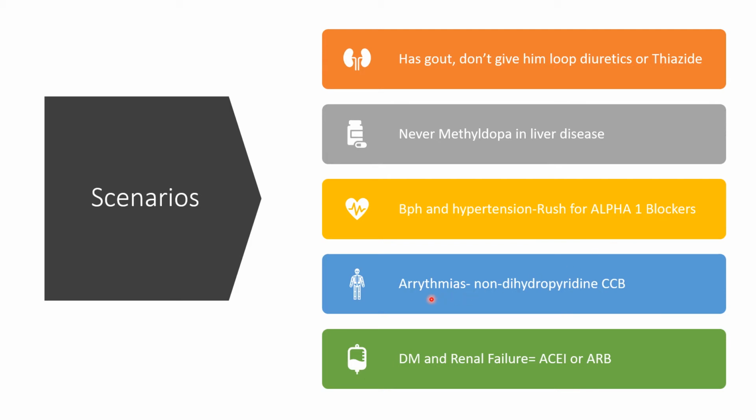If there's arrhythmia, then non-dihydropyridine calcium channel blockers, verapamil or diltiazem, will be pretty helpful. A diabetic patient or anyone with renal failure, then we should try ACE inhibitors, and if there's a reaction, then we'll go for angiotensin receptor blockers.